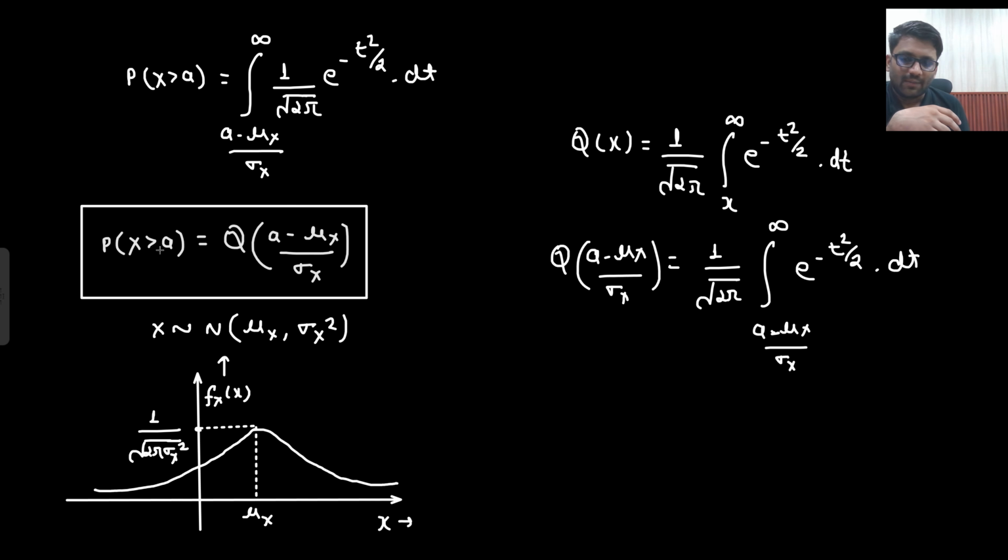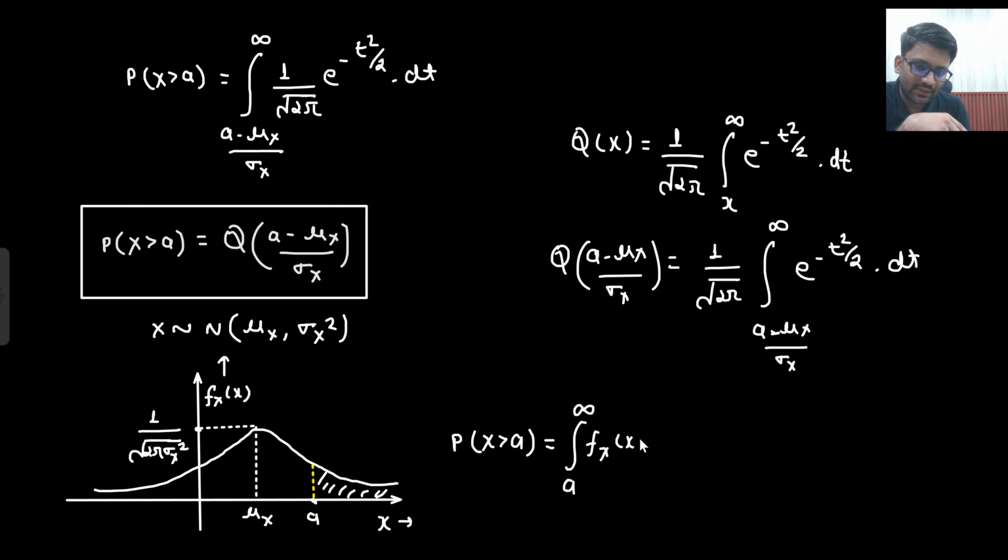Now what I am asking? I am asking the probability of random variable x taking value greater than a. Let's just say this is a. This is your x equals to a. I am asking this probability. Probability of random variable x taking value greater than a. So that would be equals to the integral from a to infinity of f x of x dx.